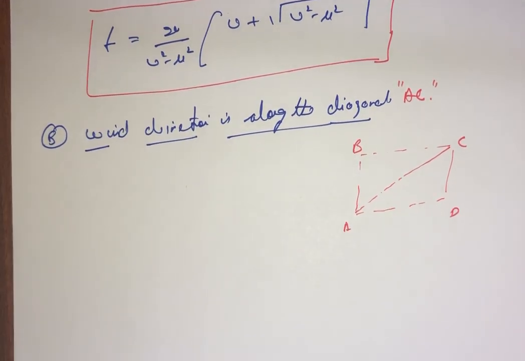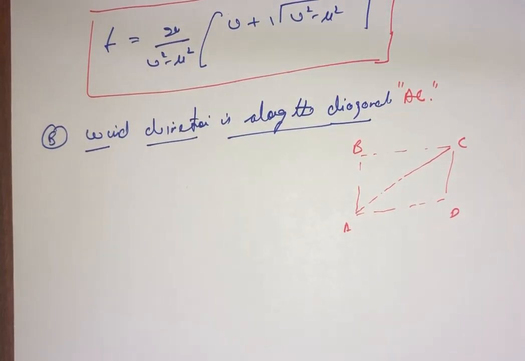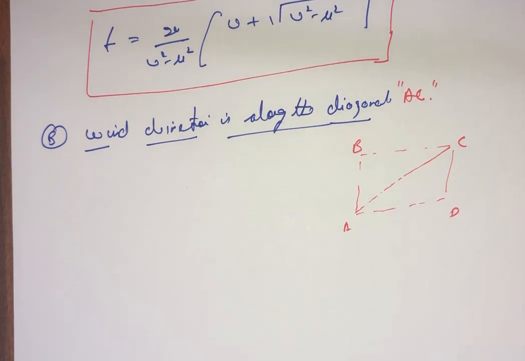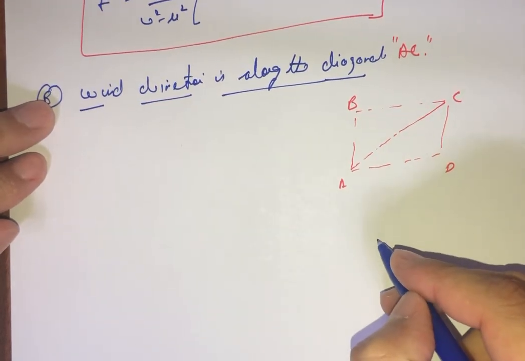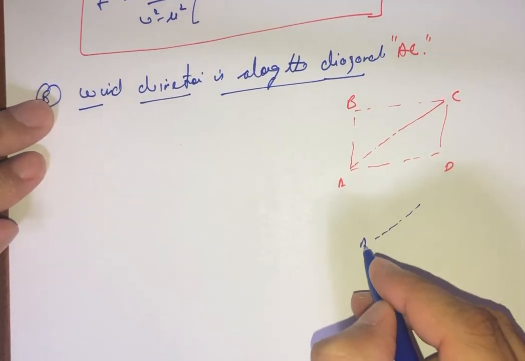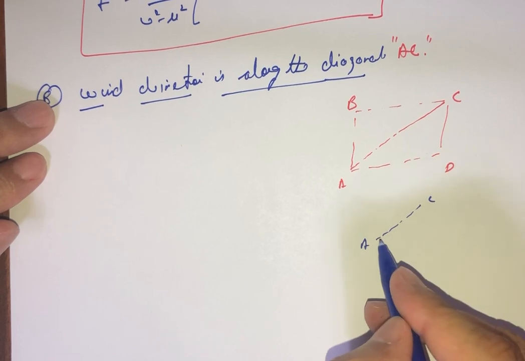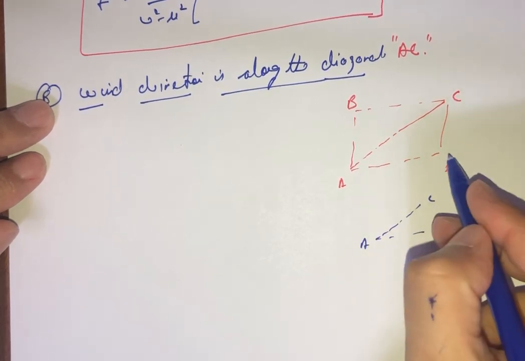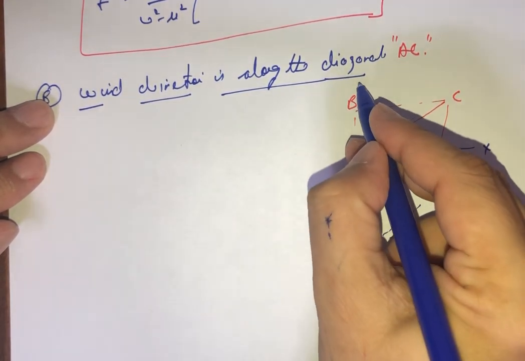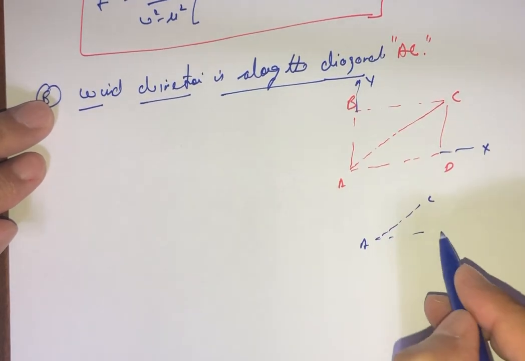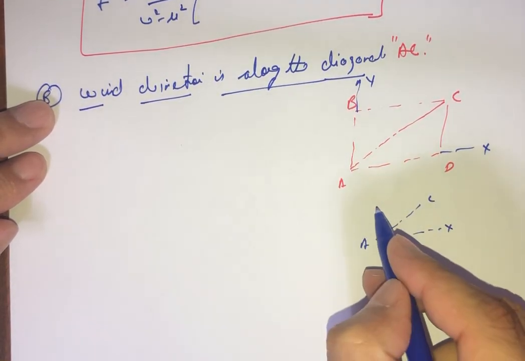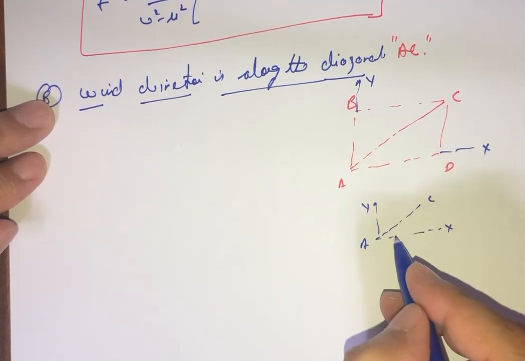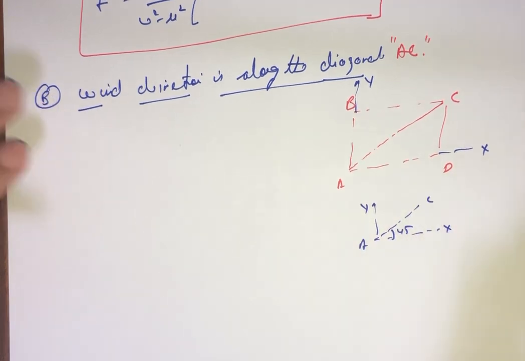So in this case, just remember that this AC is going to have two components, okay, so we can divide. Let us suppose this is AC. This is always going to have two components. Let us call this as x-axis and this is y-axis. So this will be x and this will be y. This angle will be 45 degree.